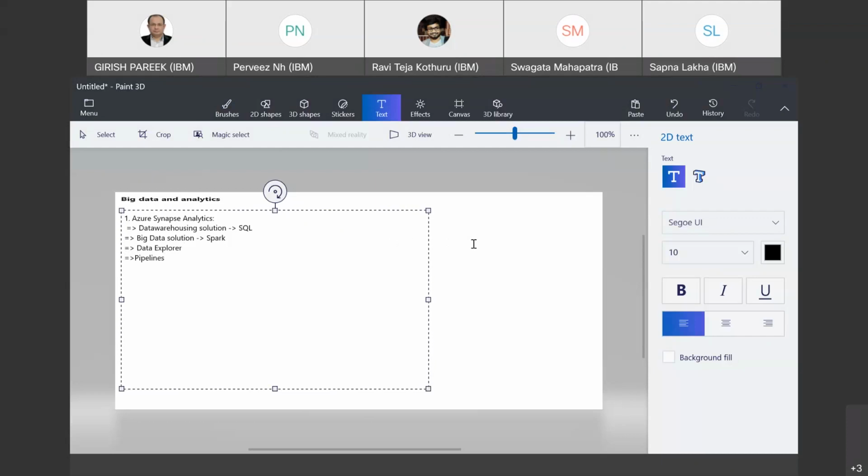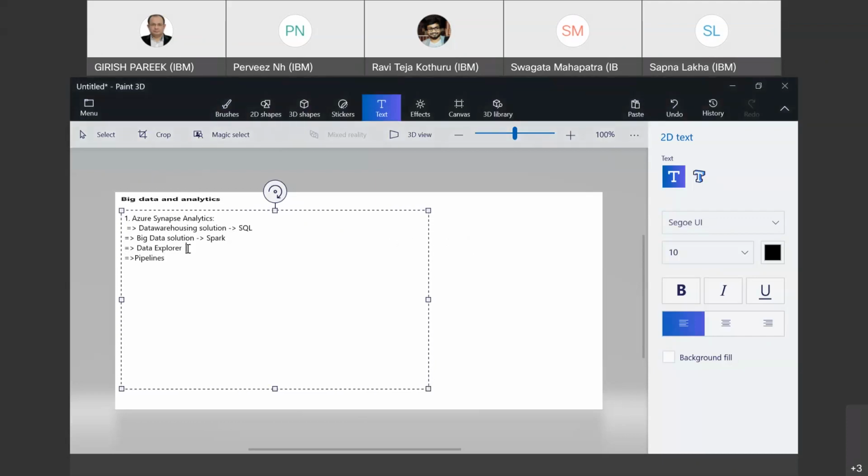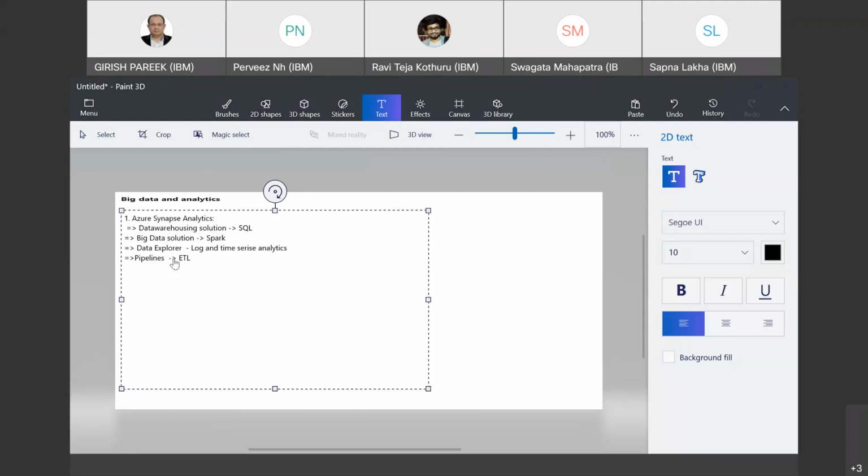So in case you are interested in logging and time series analytics, use Data Explorer, and pipelines is for ETL, to perform the ETL operation.